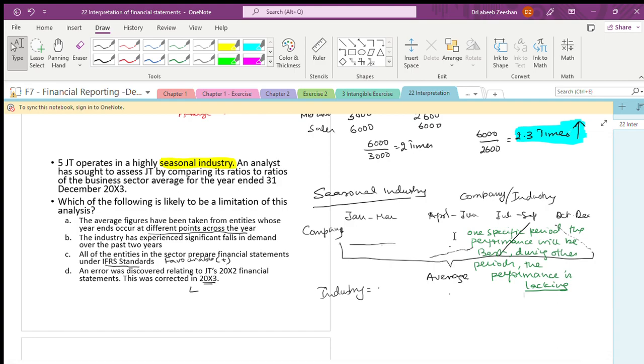What they say about the average, this is one of the limitations. What is the limitation? The limitation is we are taking the average of different points. In one case it will really be the best of the best average, it goes up. In some cases it will remain flat, in some cases it will decline.